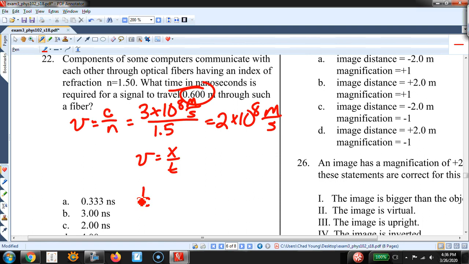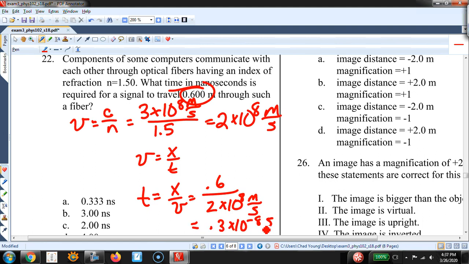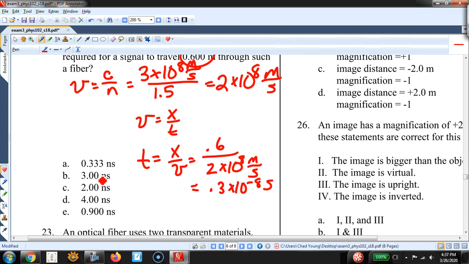So if I'm solving for t, that's x divided by v, which is x is 0.6 divided by 2 times 10 to the 8th meters per second. That's going to be 0.3 times 10 to the minus 8 seconds, or 3 nanoseconds. So that would be your right answer there, and I would expect a question like that.